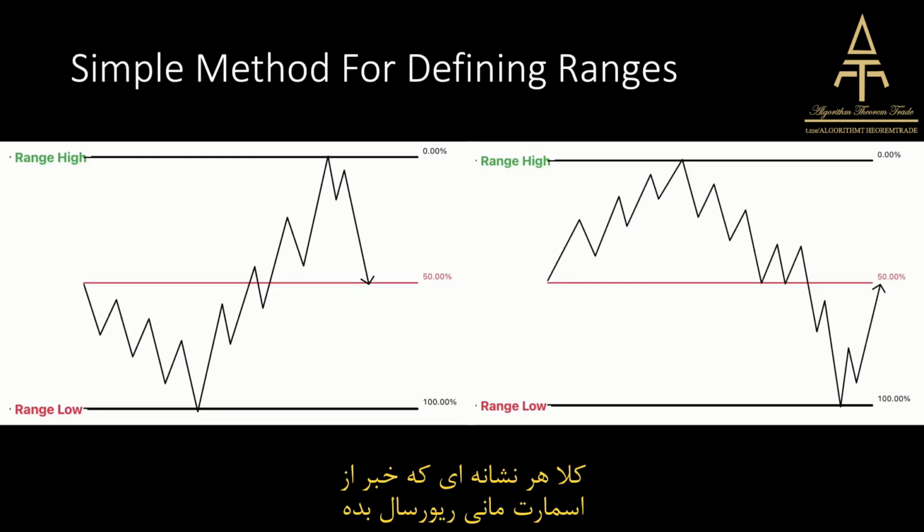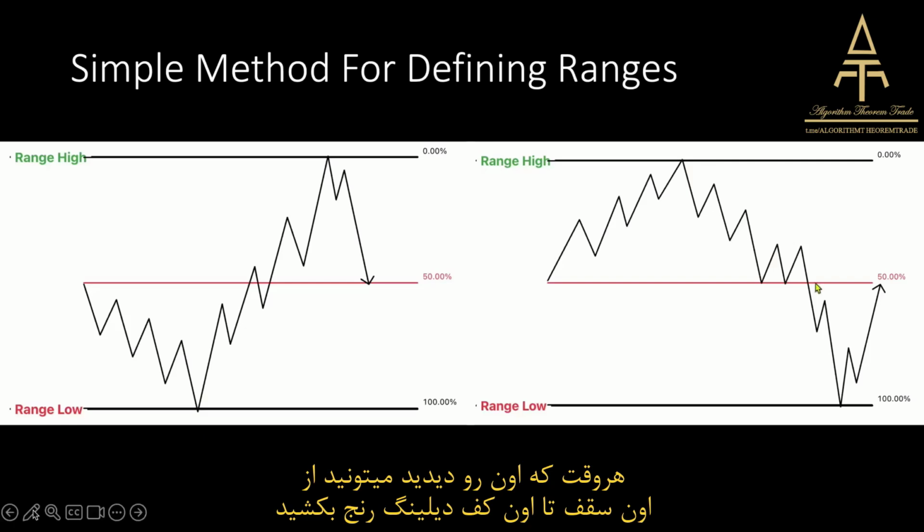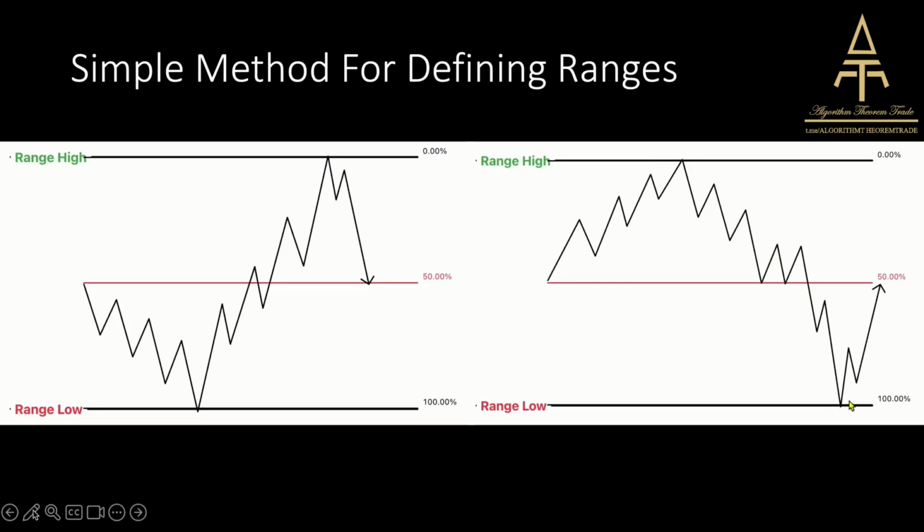All of these are signs that you could look for to confirm a potential fractal smart money reversal forming. Whenever you see that, you can draw your dealing range from the high that formed to the low that formed. Again, with emphasis on 50% of the dealing range, and you will see how price will look to react around that price level.